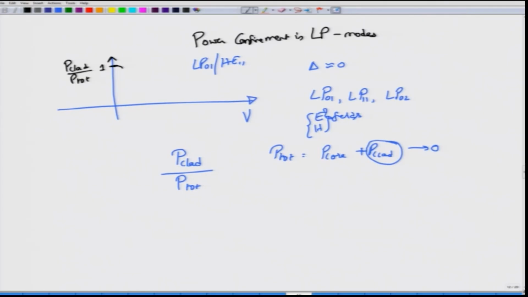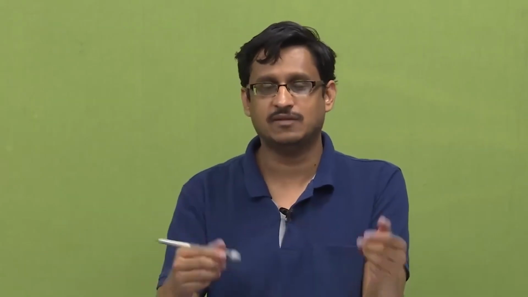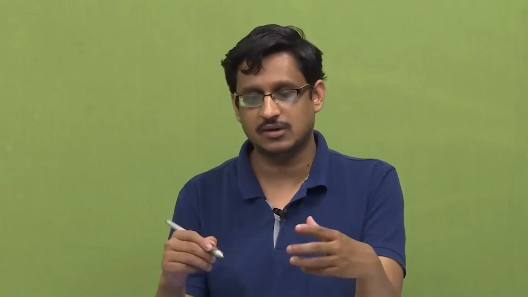What it means is that at cutoff, the LP01 mode has most of its power not confined in the core, but propagating in the cladding, which is completely waste for us, because the power in the cladding will not be able to sustain long distances, and you are simply wasting the power. You want more power if you want to cover more distances, but that is not an ideal situation, because the cladding has an extremely large decay constant.